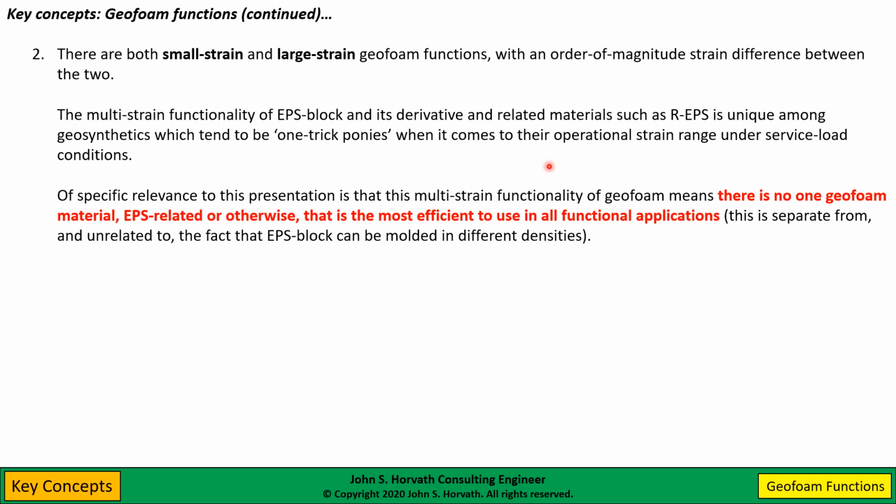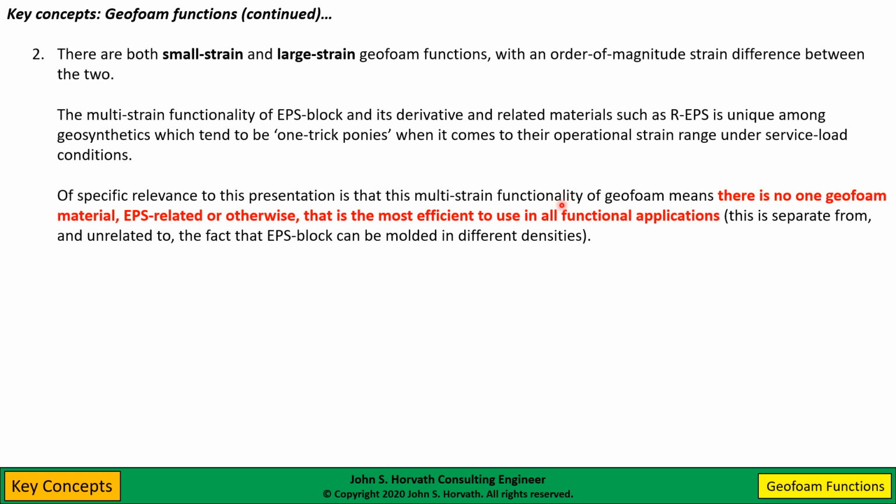Well, the relevance of this to this presentation is that there is no one geofoam material or product, EPS related or otherwise, that is the most efficient to use in all functional applications. And this is entirely separate from the fact that you can mold EPS block in different densities, as we know.